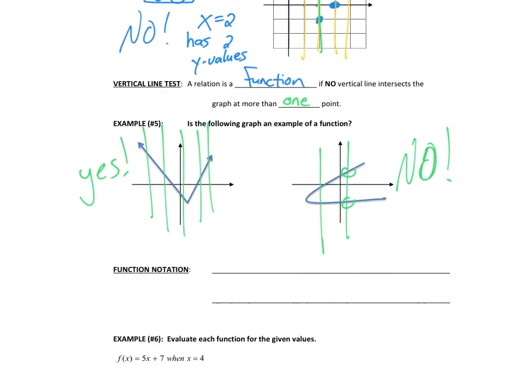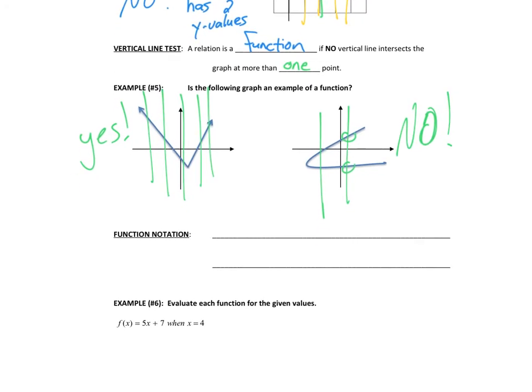Okay. Function notation, which is kind of new, I think, in Algebra 2, or somewhat new from what you saw in Algebra 1. Function notation is written like this. And you would read this, f of x. Or you could write it like this too, this is common. This would be read g of x.